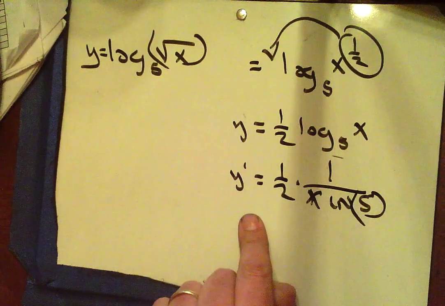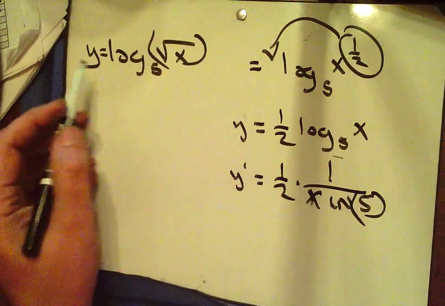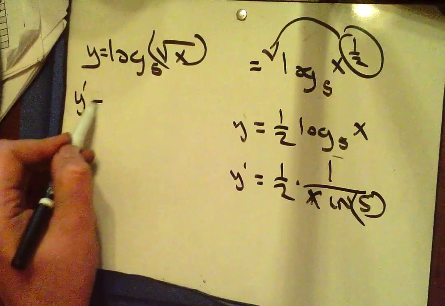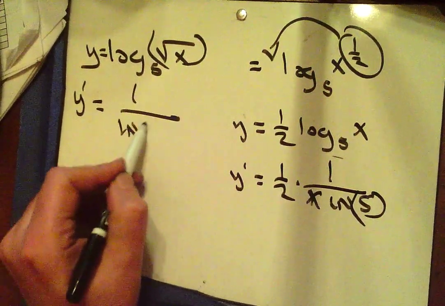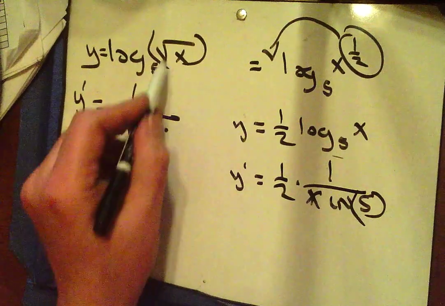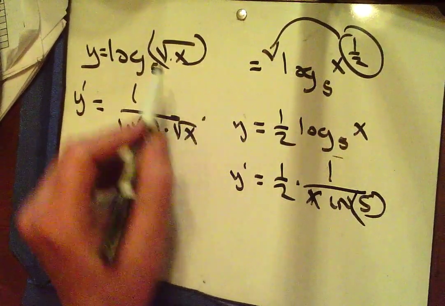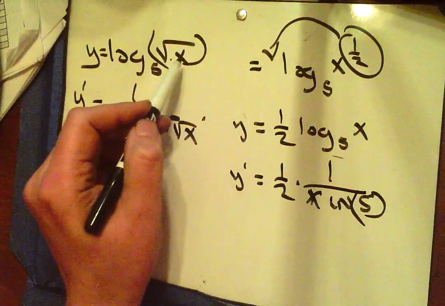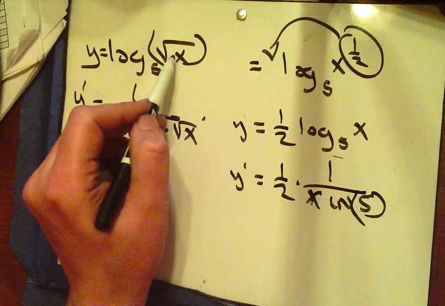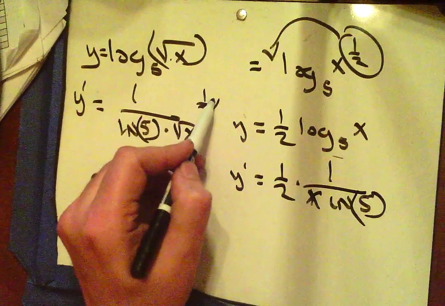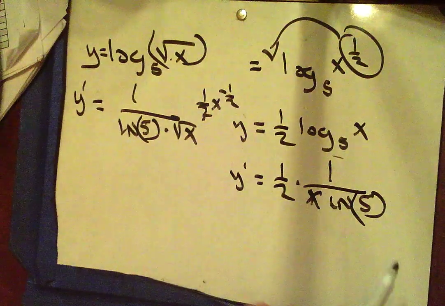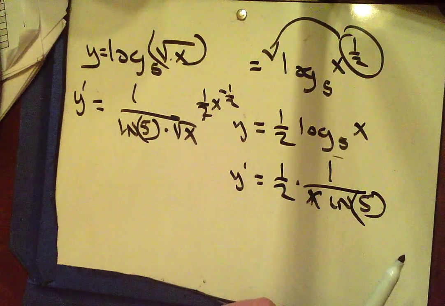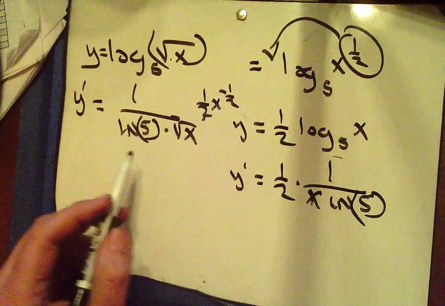All right, so how'd it go over here? Did you say that y prime would be 1 over ln of 5 times stuff times the derivative of stuff? Remember, this is x to the 1/2, so its derivative is 1/2 x to the minus 1/2. All right, well, let's see how this tidies up, okay?